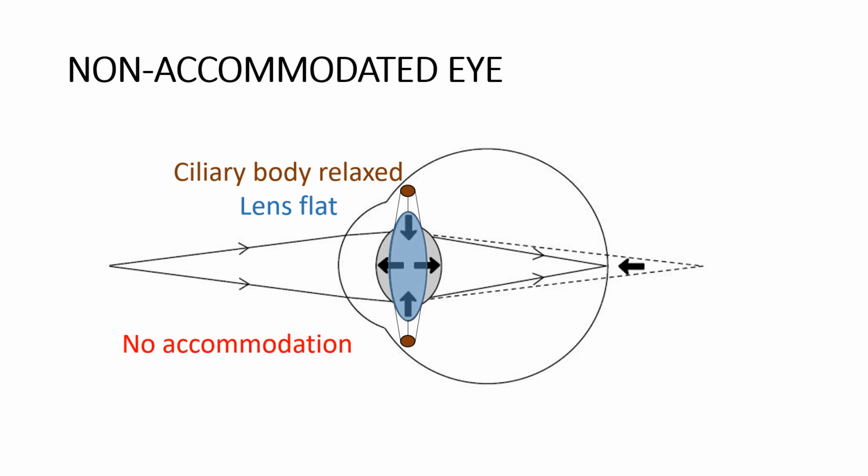So there's no accommodation in this instance, and a near object will not focus on the retina, but it will focus actually behind the retina and as such be out of focus.